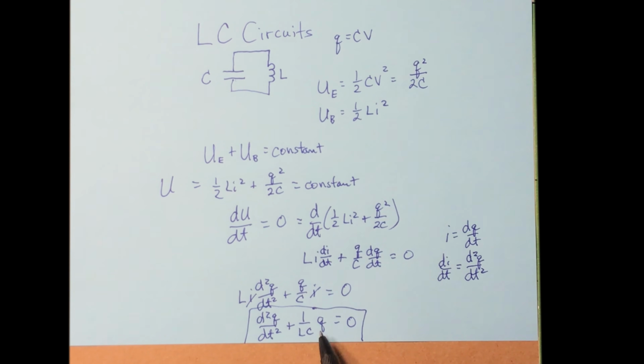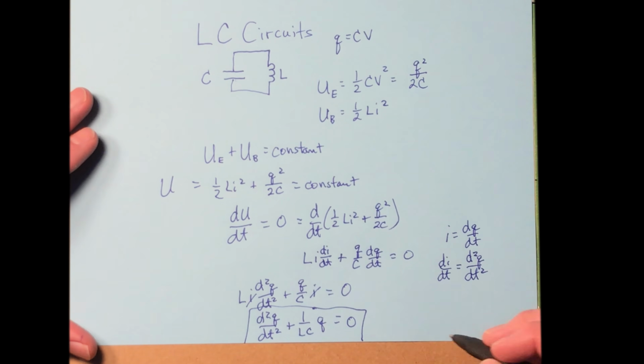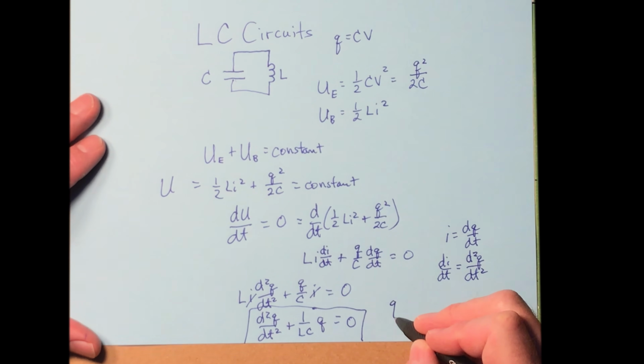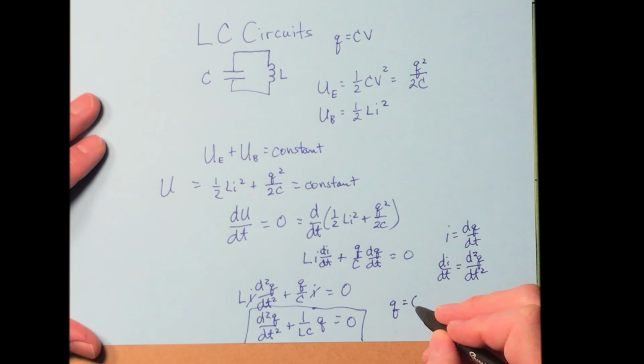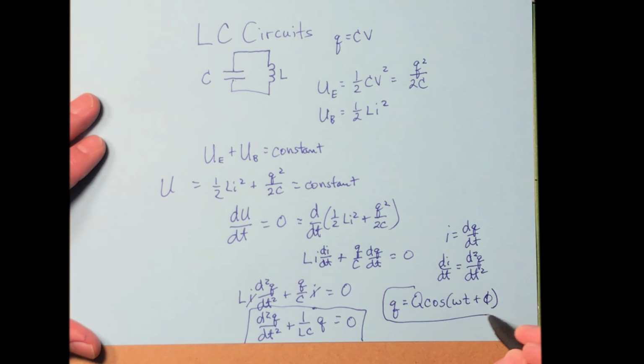There's another function that will work, and that is sines and cosines. Sines and cosines work. So if you take q equals some maximum value, big Q, times the cosine of omega t plus phi, there is the solution to that differential equation.